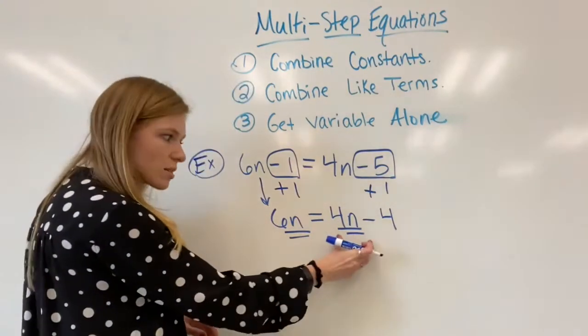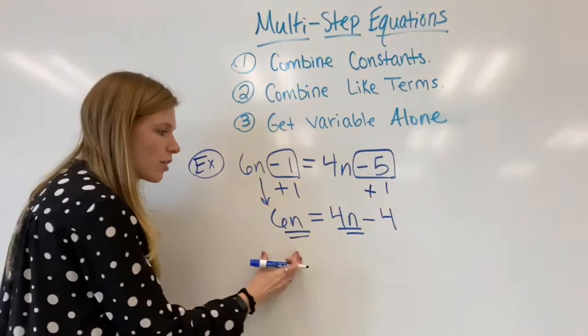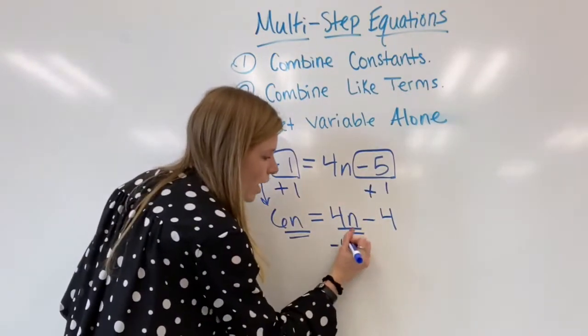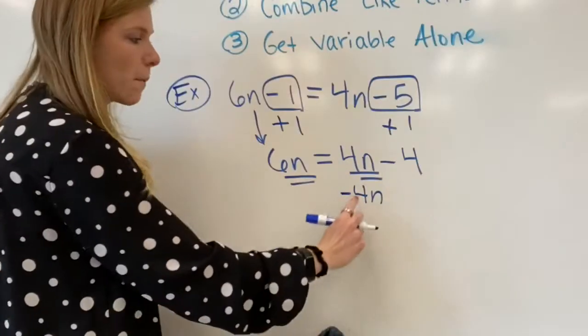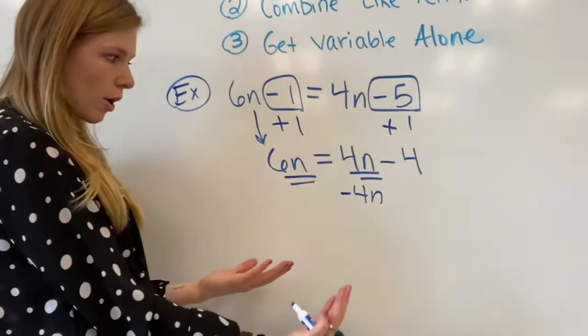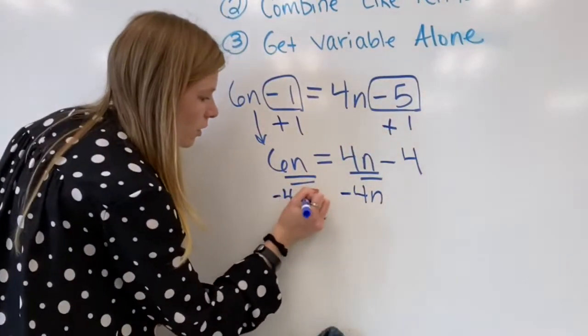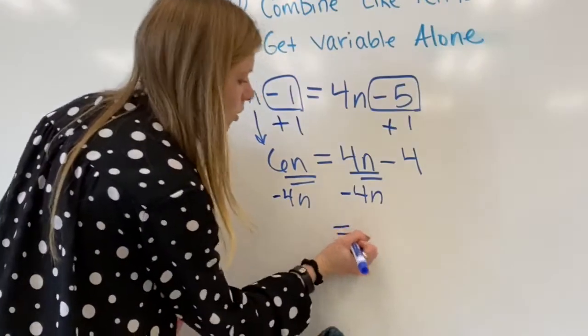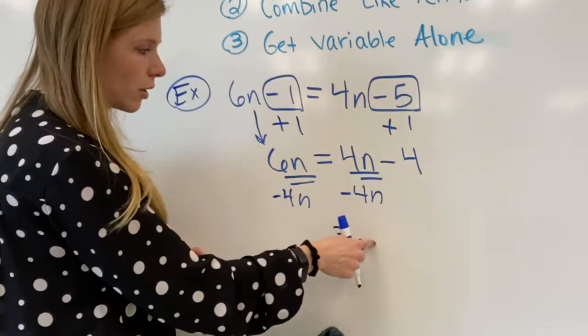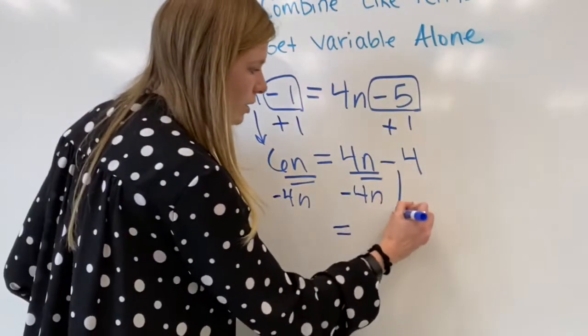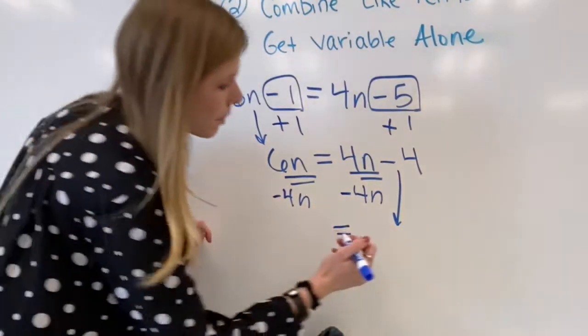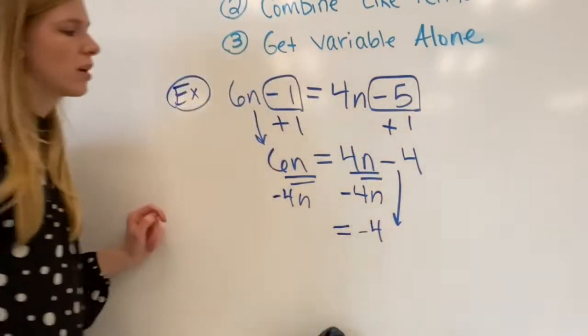So since it's a positive 4n, to get it to the other side, I need to subtract it, because 4n minus 4n gives me 0. So I know that 0 is left over here, and I just bring down the -4.